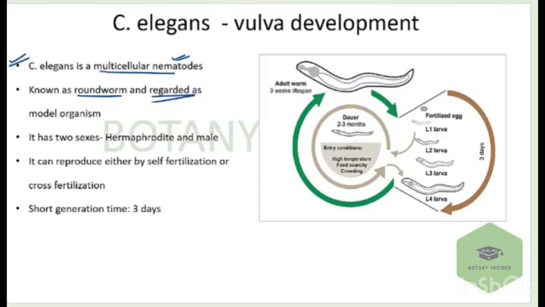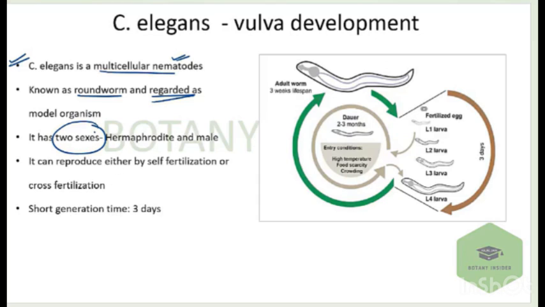In the same line, like when you have the Drosophila getting used as a model organism in developmental biology, C. elegans is also considered as one of the important model organisms. And also it has two different sexes in the same organism.